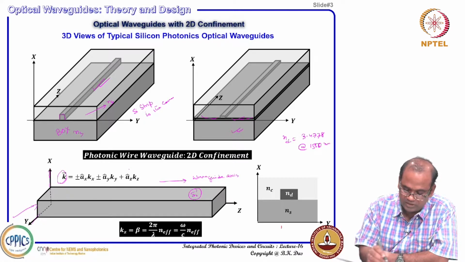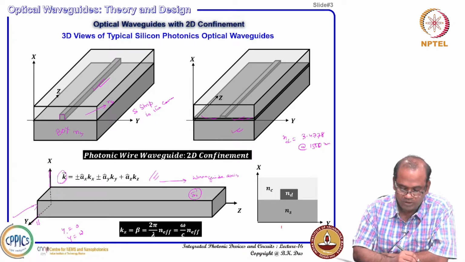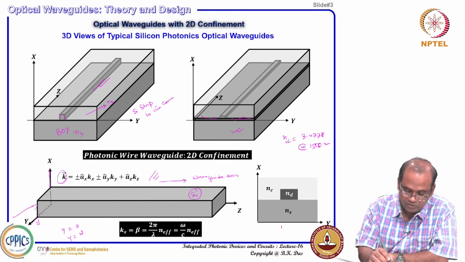You have the xz surface at y equal to 0 and y equal to w, some w. In these two interfaces, you can see total internal reflection, and that is why you get forward propagating and backward propagating wave vectors in the y direction.